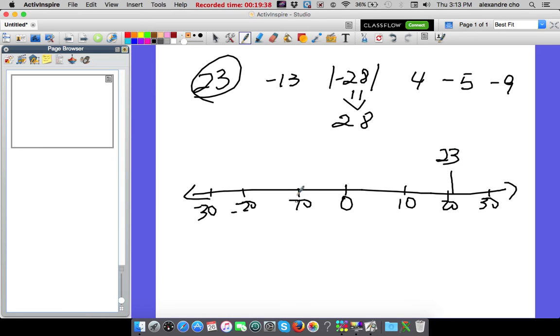Negative 13 is about here. 28, positive, is close to 30. 4 is about here. Negative 5 is right here, and negative 9 is right before negative 10. Did it say least to greatest? Well, least would be negative 13, negative 9, negative 5, 4, 23, 28. Number line helps.